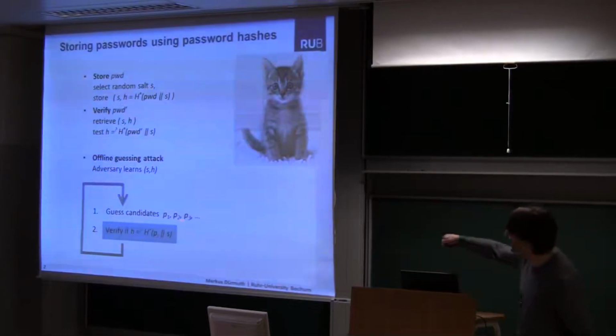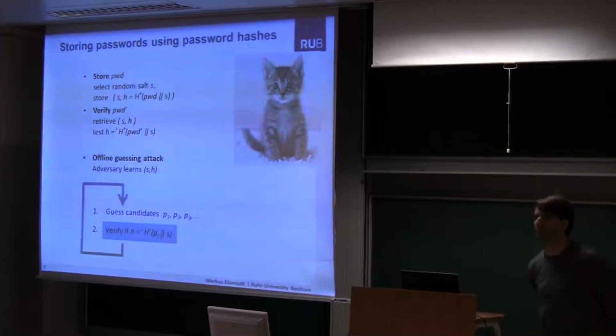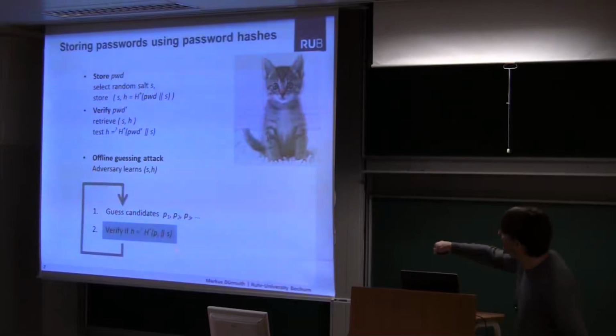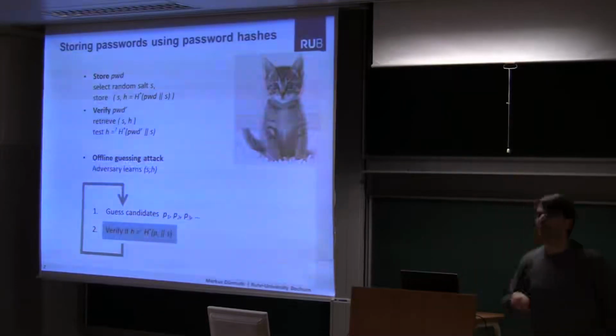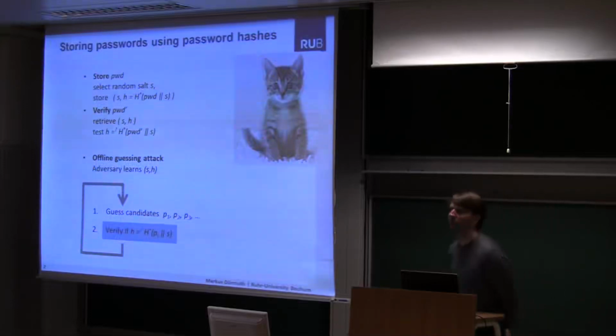First is by making the user choose stronger passwords, which we usually fail to do. The other point where we can improve the situation is by making the process of verification slower. This is basically what all the constructions are doing. We've seen an example of bcrypt yesterday. Bcrypt is pretty slow, and therefore it's considered relatively secure.